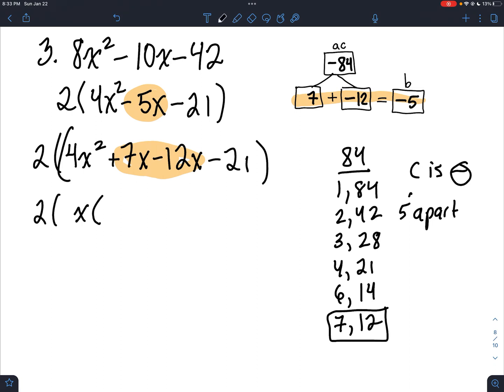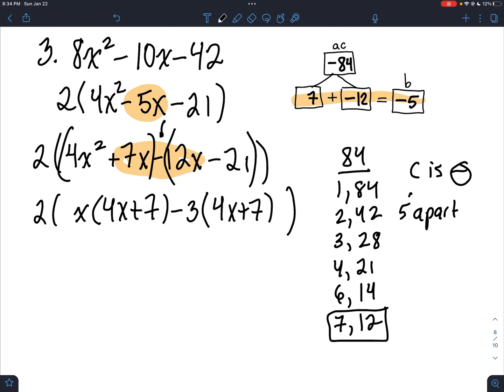So x is in common between those two. So we got 4x plus 7, and there's a 3 in common. And we have a negative there. So it's smart to take out the negative 3. So cut those in third, we get 4x plus 7, which is what we hoped for, right?